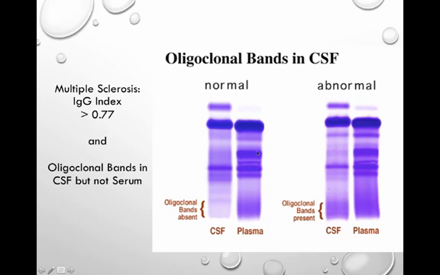A normal CSF will have the absence of those oligoclonal bands, and we see here an abnormal CSF with the presence of the oligoclonal bands.